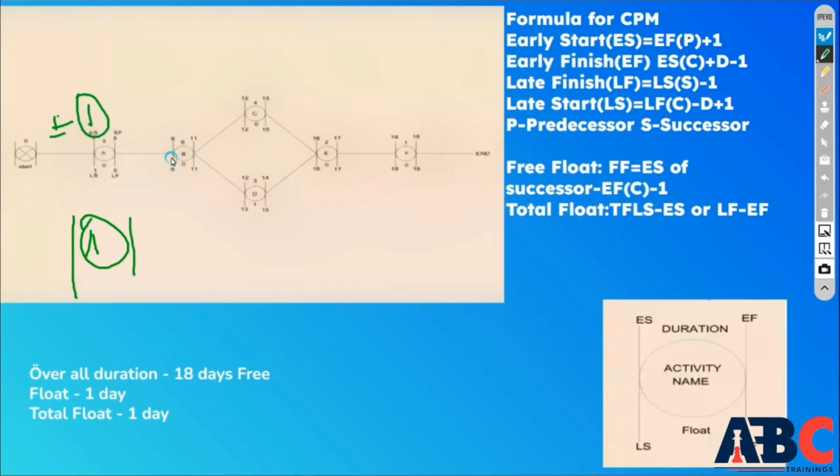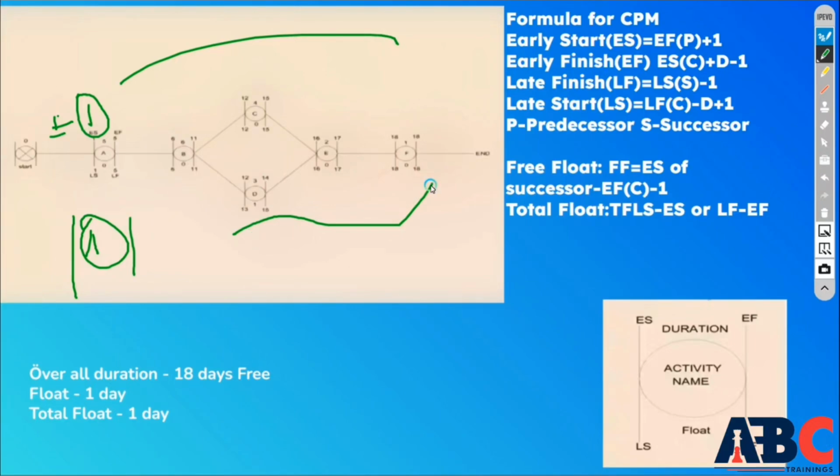To calculate the early start and early finish, you have two methods: the forward method and the reverse method, or backward method. The forward method is used to calculate early start and early finish, and the backward method is used to calculate late finish and late start.